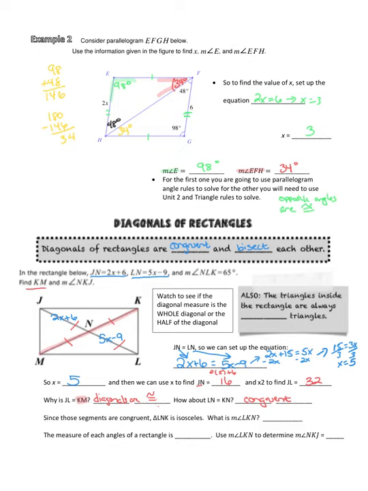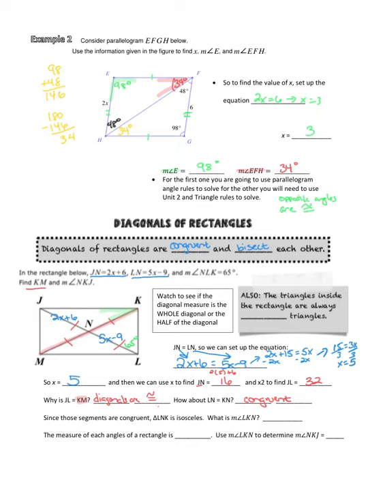Now we're going to find angle NKJ. This one. They want us to find this angle. We know, because they give us the information, NLK is 65 degrees. Now again, properties of triangles. So, look at the triangle.